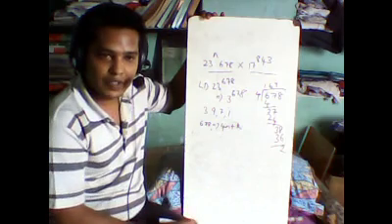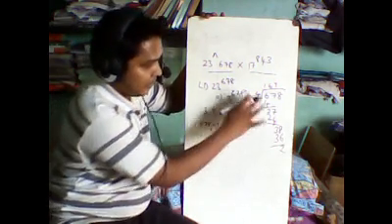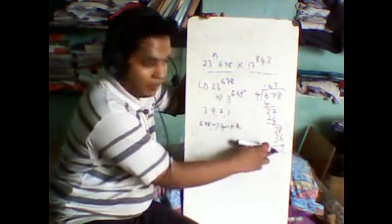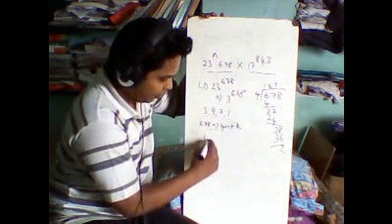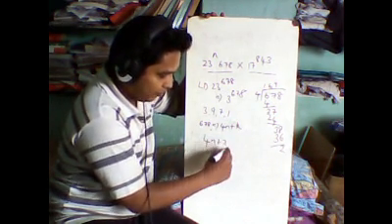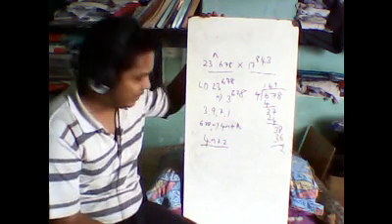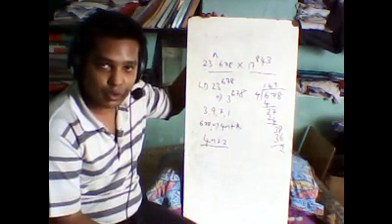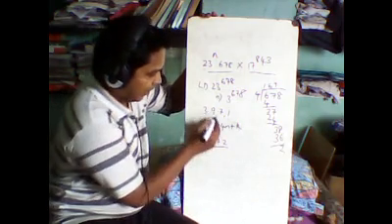From the division, we see that 678 is 4 into 169 plus 2. It is of the form 4n plus 2. If the power of 3 is of the form 4n plus 2, the last digit is 9.